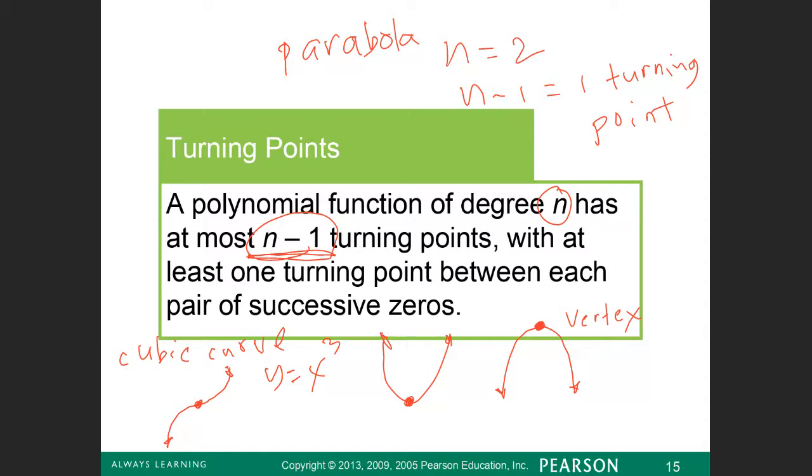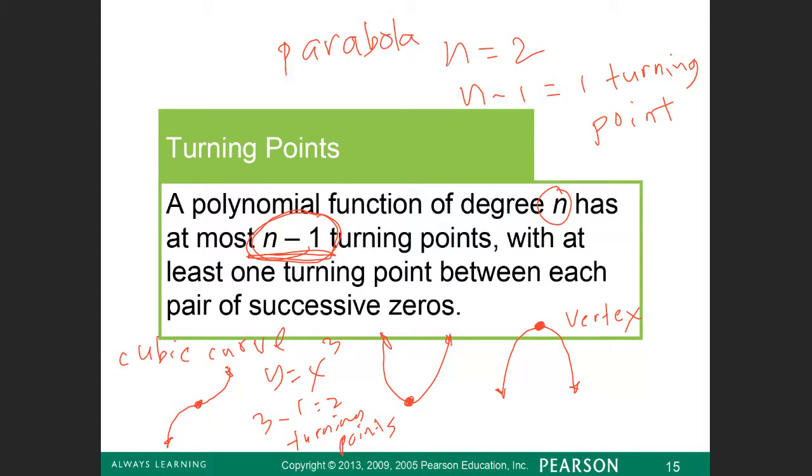And if you're looking at the formula, which is n minus 1, you can put 3 minus 1, so you will have 2 turning points, which is actually true. Okay, so I'm going to show that to you.